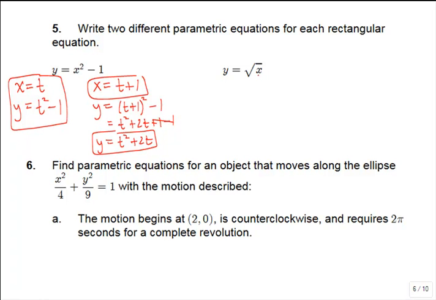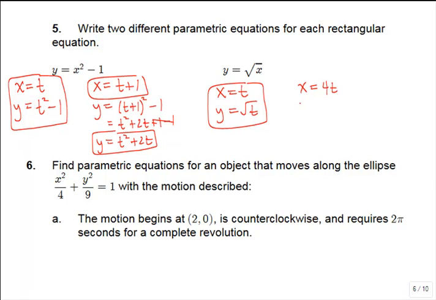If I have y equals the square root of x, again, a really simple way to create parametric equations is just to let your x be t, and therefore the y becomes square root of t. So really simple. Now to get a second parametric set of equations, we could just choose x to be something different. If I let x be, say, let's try 4t.